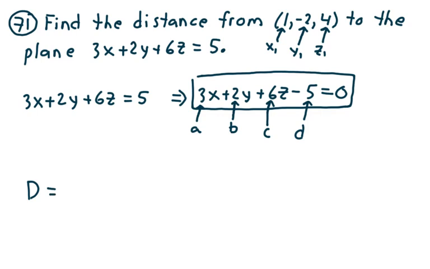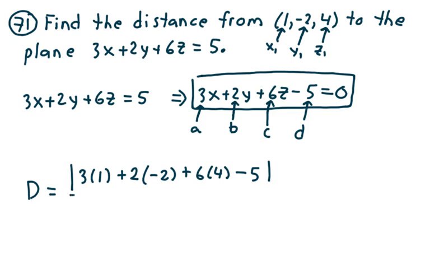So I'm going to take capital D, that's the absolute value of 3 times 1 plus 2 times -2 plus 6 times 4, and then I subtract 5.